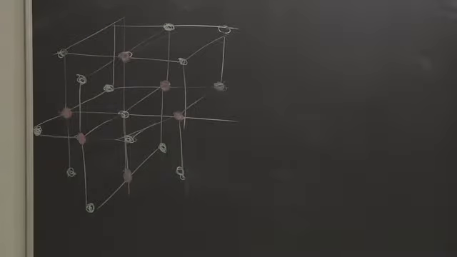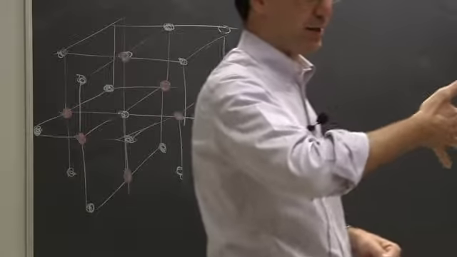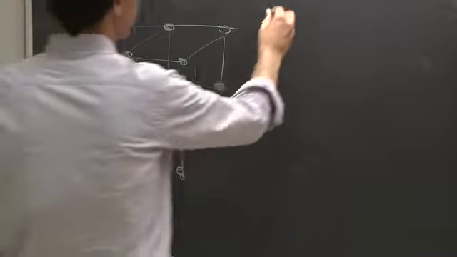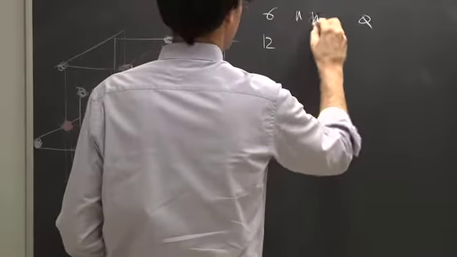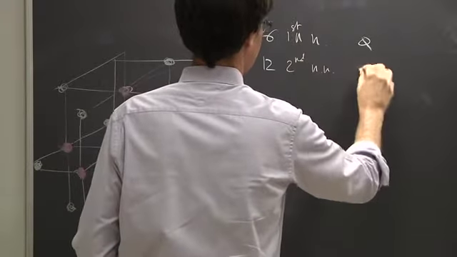So it's a total of 12. You were right. So I have 12 second nearest neighbors located 4 in each of the 3 independent planes, xy, yz, and xz. So it's 6 first nearest neighbors at A, second nearest neighbors at square root 2A.